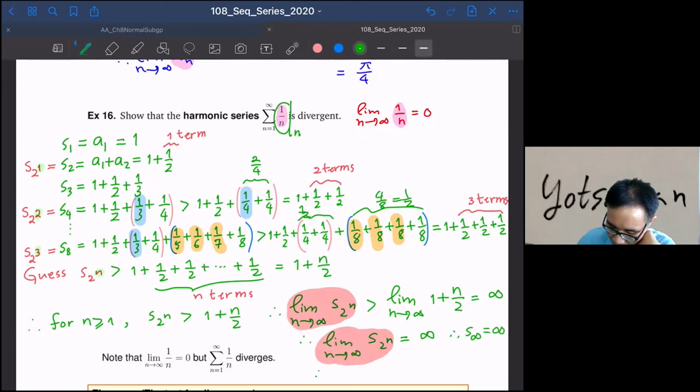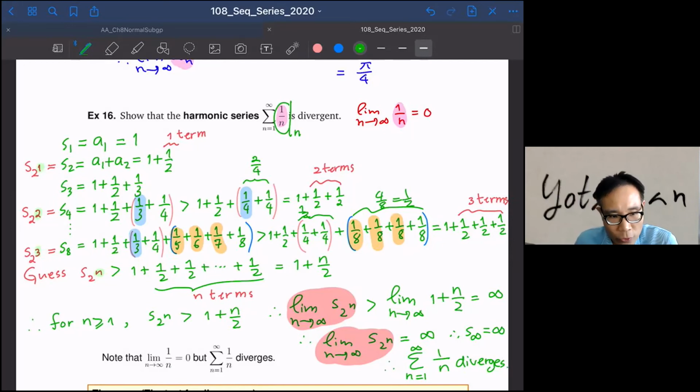So the series sum from n equal to 1 to infinity of 1 over n diverges. That will be the solution showing this harmonic series is divergent.